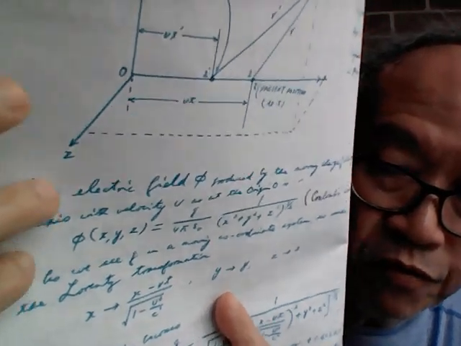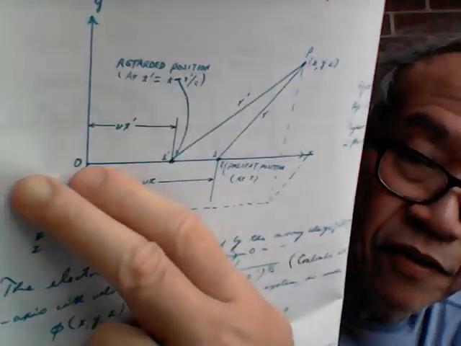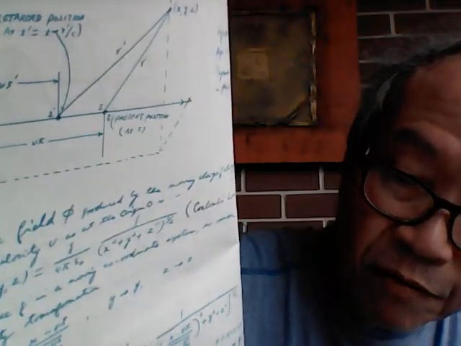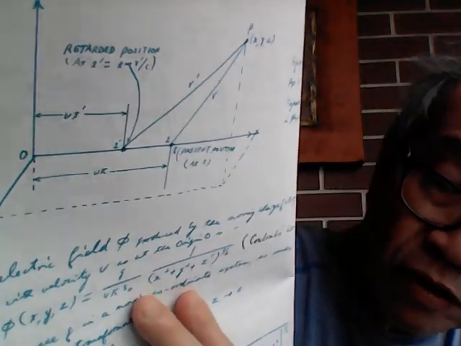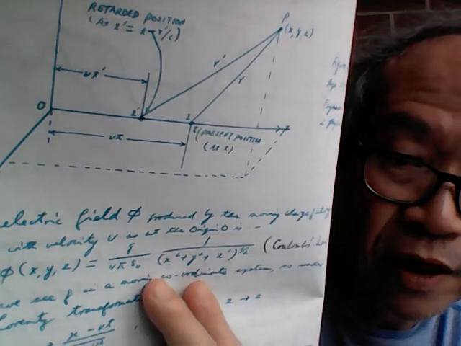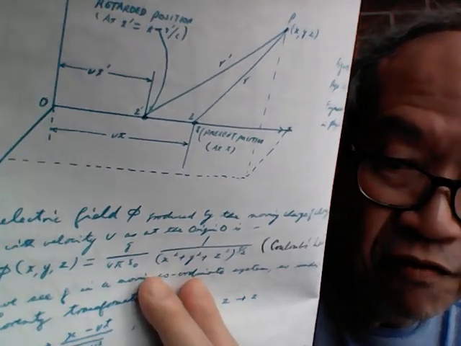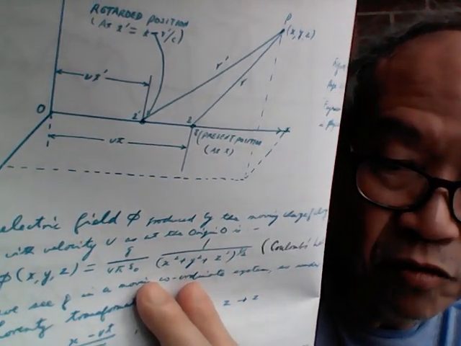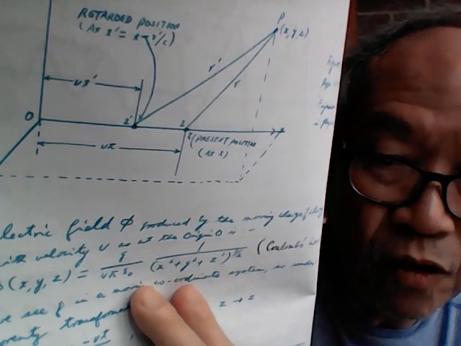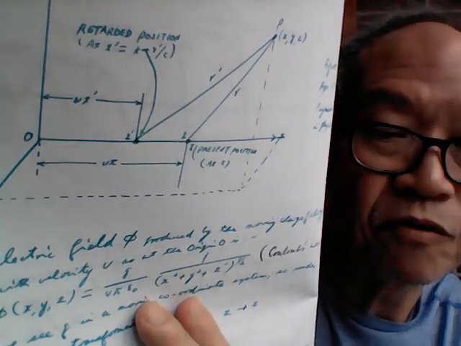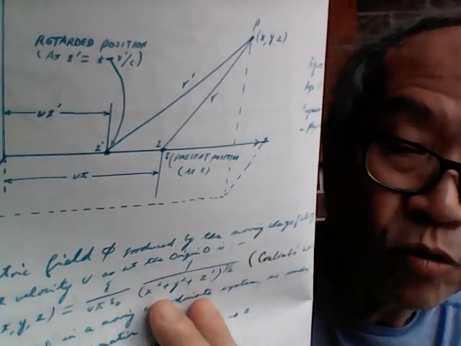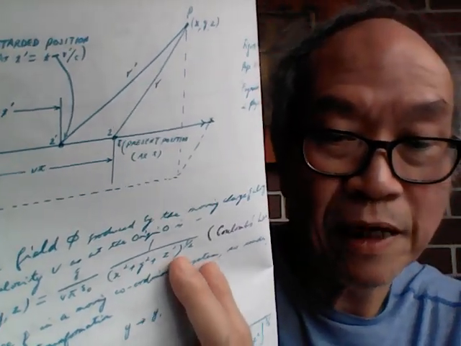And before it moves, when it's at the origin O, you will have just Coulomb's law, a familiar expression. Phi of x, y, z is equal to q divided by 4 pi epsilon naught multiplied by the square root of x squared plus y squared plus z squared.